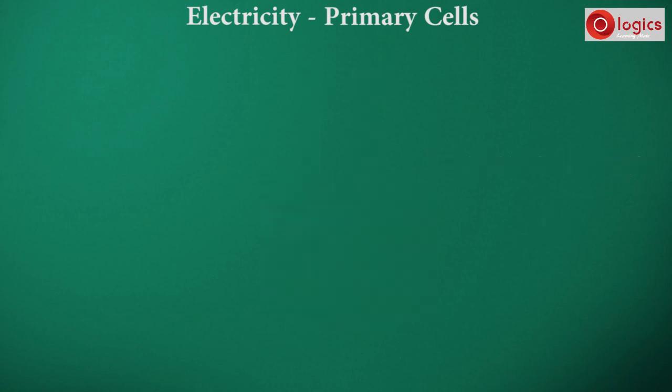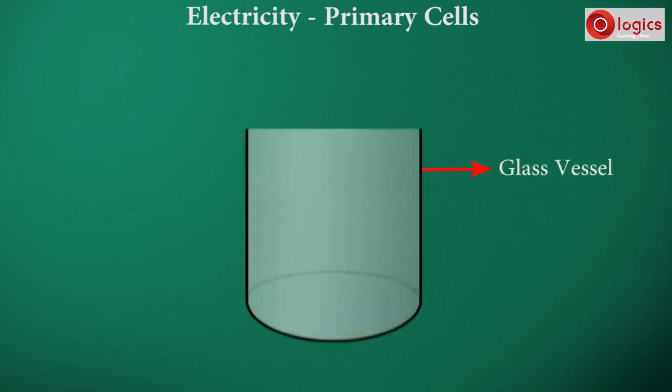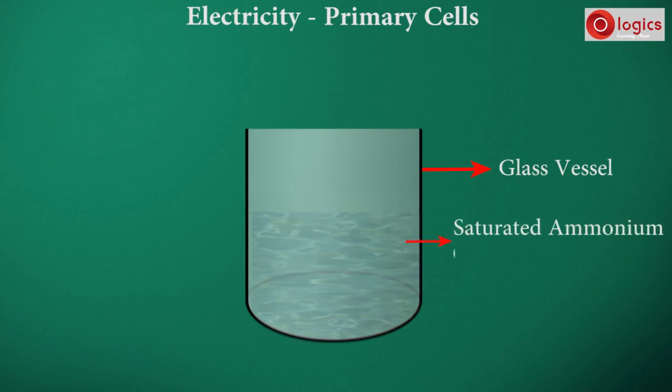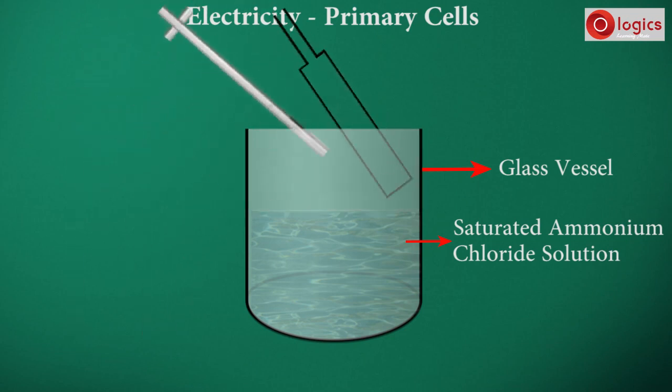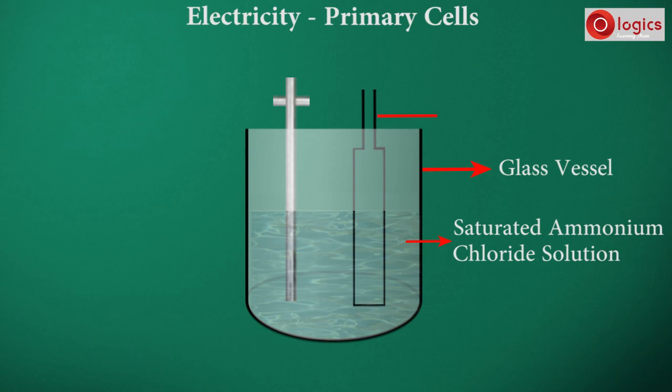It consists of a cylindrical glass vessel. It is half filled with saturated ammonium chloride solution. Into the ammonium chloride solution, an amalgamated zinc rod with a brass terminal and a Leclanche pot are placed. This is the porous pot.